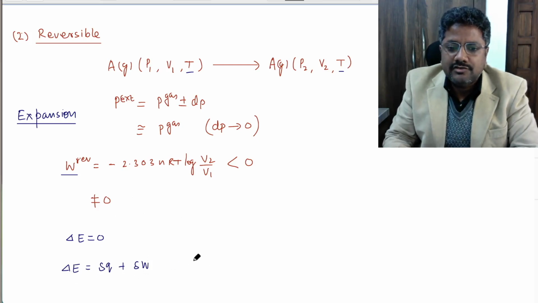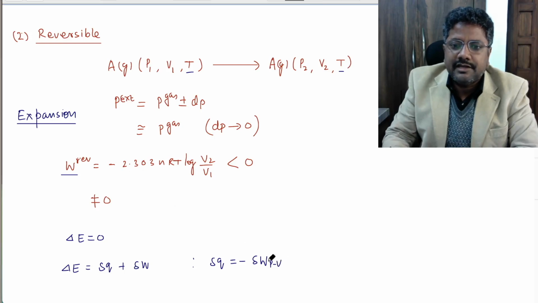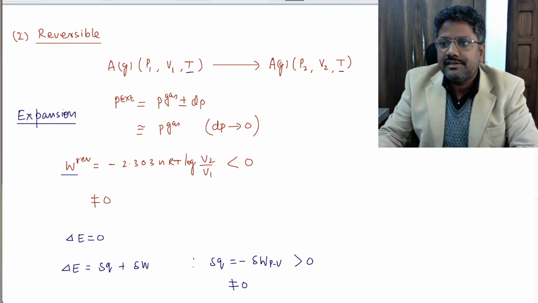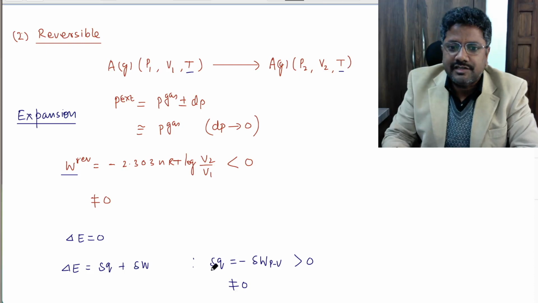Delta E is equal to 0, so delta Q is equal to minus delta W. W is negative, less than 0, so delta Q is greater than 0 and not equal to 0, right? So this is the heat change.